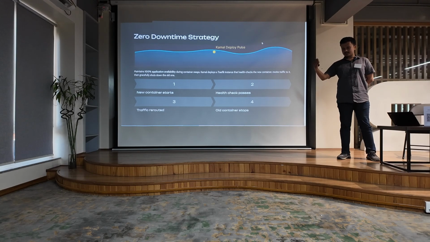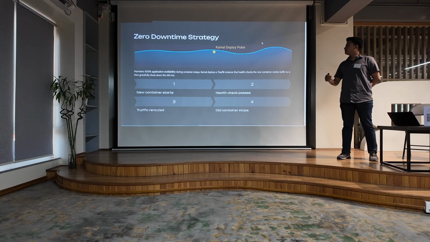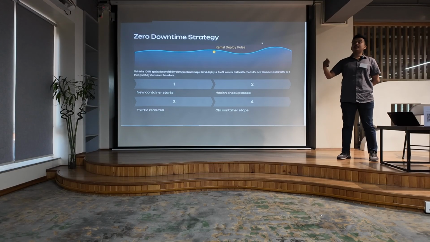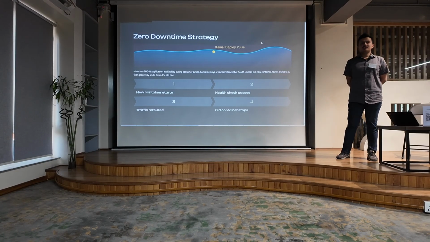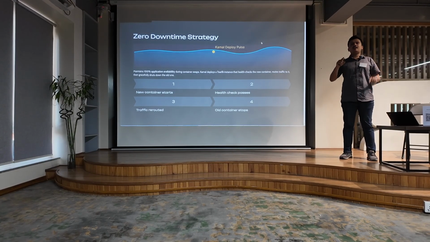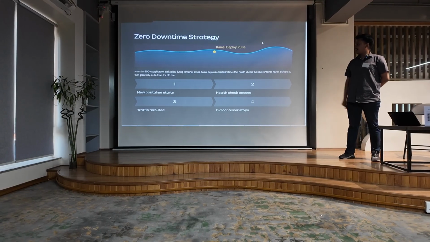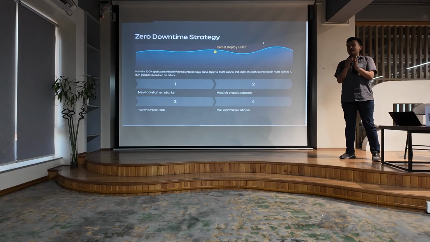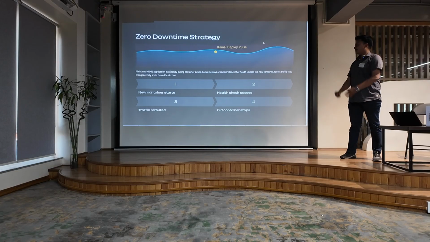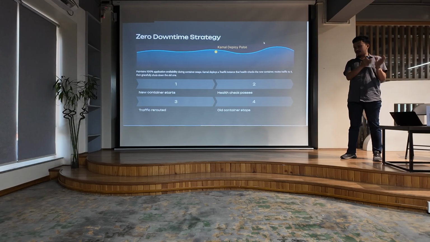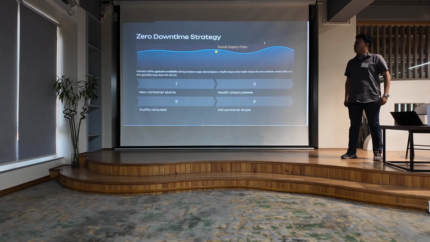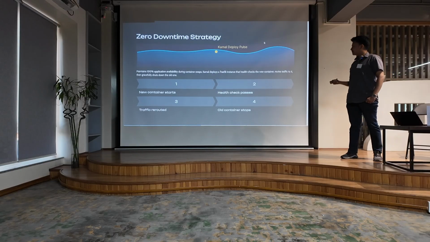If the application is active on the server, then Kamal deploys the new one on another port, which makes both applications alive, active, reachable. After a certain period of time, it reroutes the traffic to the other port, which ensures zero downtime.